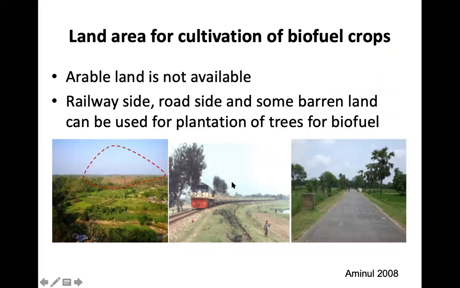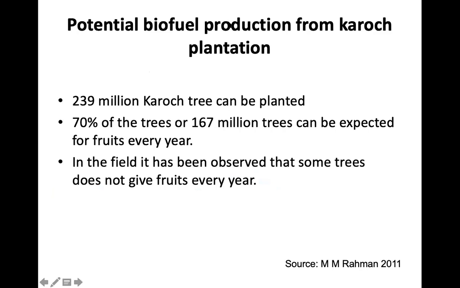So railway or fallow lands, roadside, if we can utilize them in a planned way and commercially by using social forestry, we can do this job because then the community will get benefit and they will take care of the plants. So for potential biofuel production from Karoch plantation, 239 million Karoch trees can be planted in Bangladesh. 70% of the trees, or 167 million trees, can be expected to bear fruits every year.